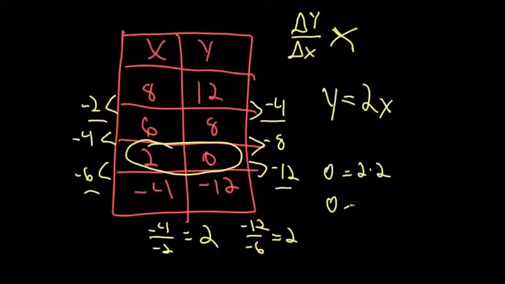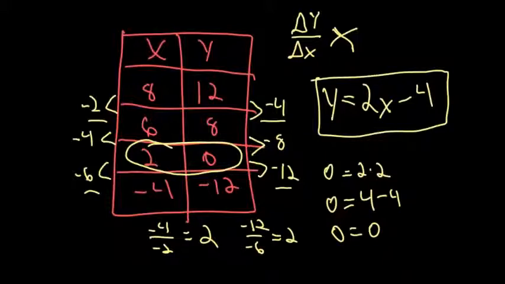So I got 0 equals 2 times 2 is 4. Well, 4 doesn't equal 0, so I have to figure out what I can add or subtract to 4 to make it equal to 0. If I take away 4, I'm going to get 0 equals 0, which is a true statement. So my function is y equals 2x minus 4.